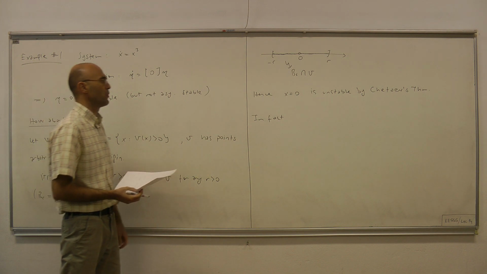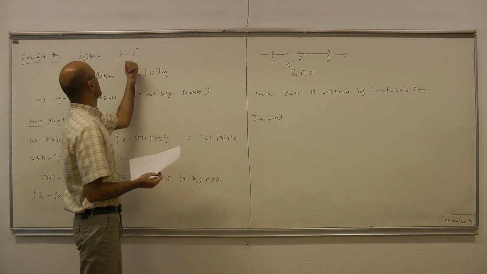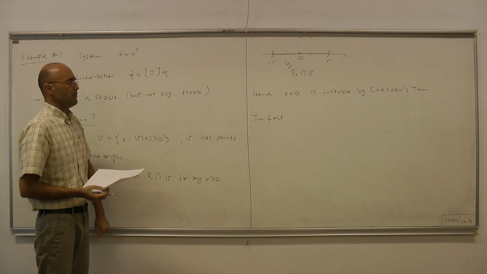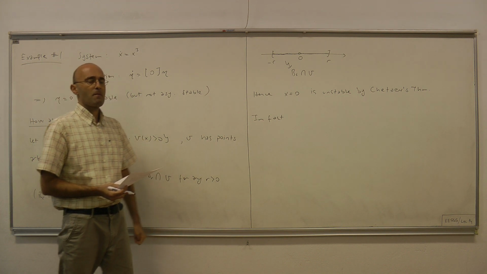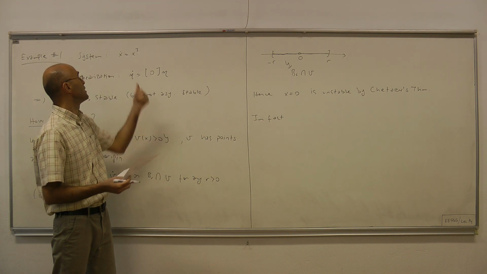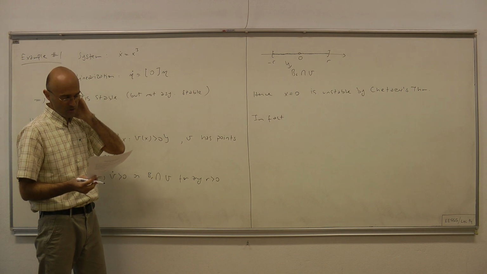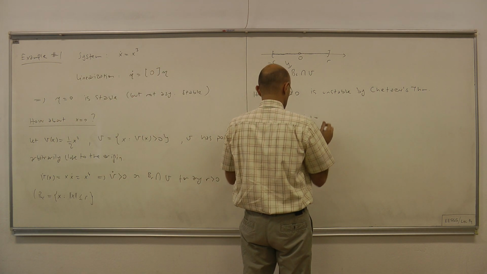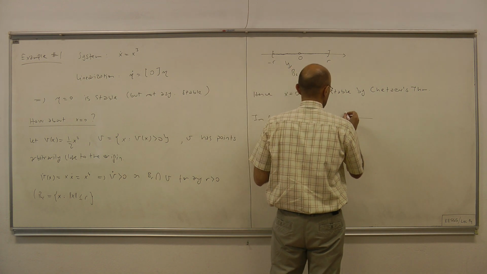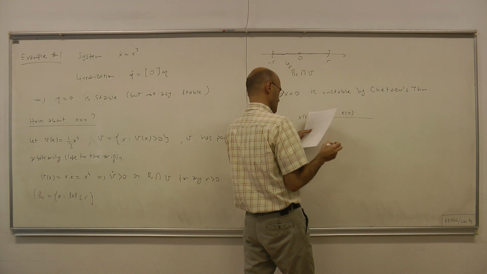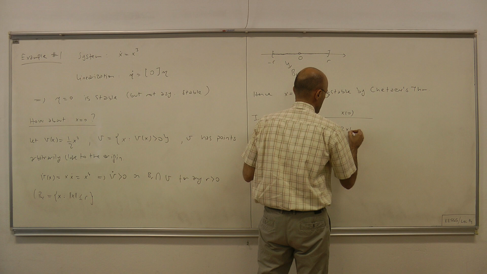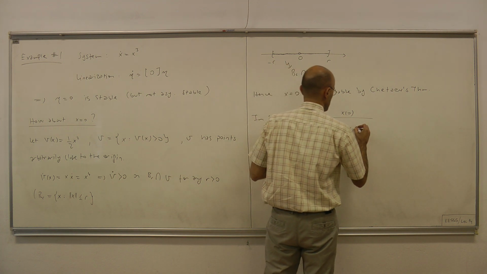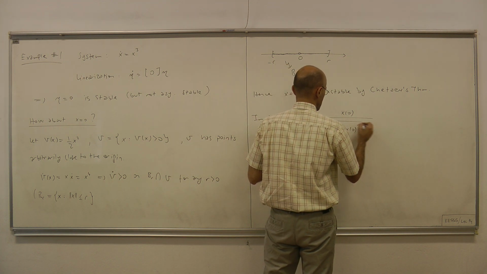Okay, so we remember what it was. This scalar system can be integrated explicitly, that is, we know exactly what the solution is, so let's write that down. In fact, x of t, the solution, equals the initial condition over 1 minus 2 x0 squared t, and then you take the square root.